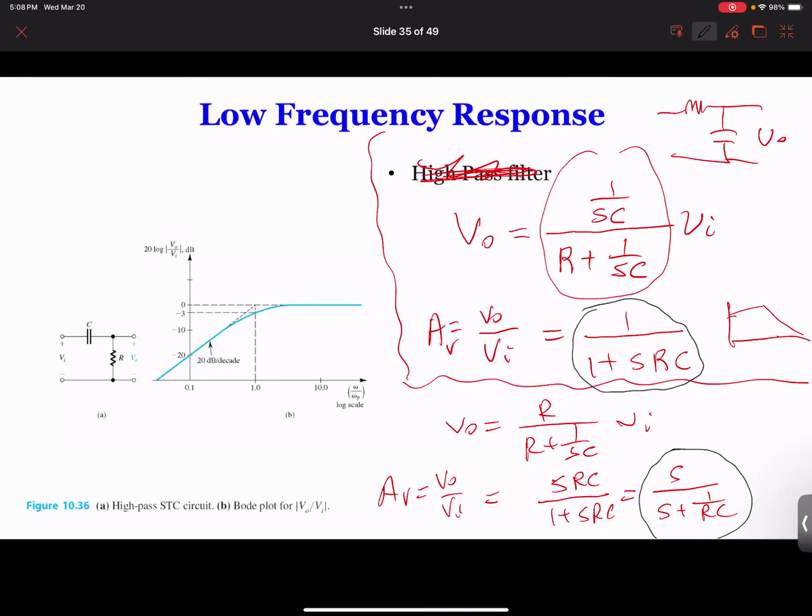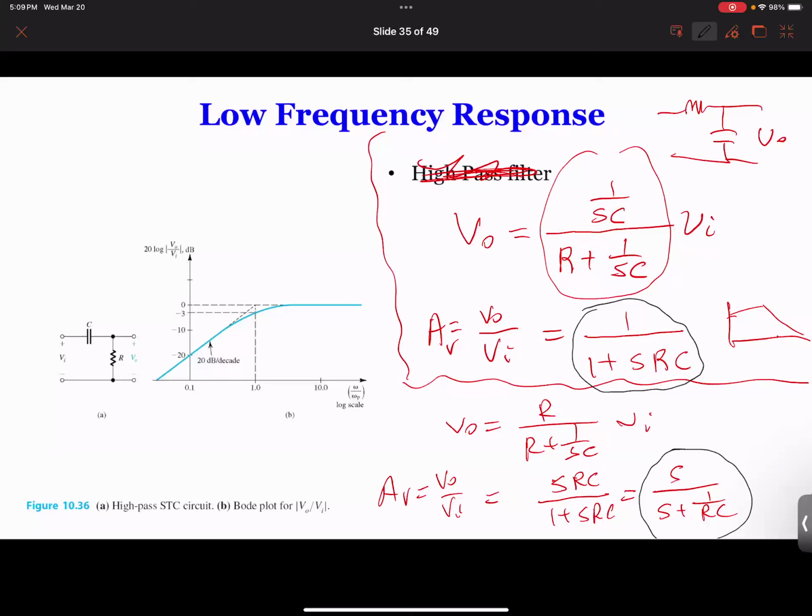We write S plus something, like this is your omega H. So S plus omega H. But in this case, we always write S plus omega L, low frequency. But in this case, we always write 1 plus S over omega H, like 1 over RC, right? So why do we do that?